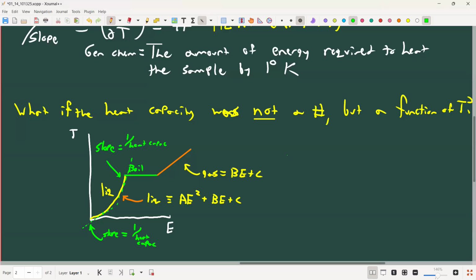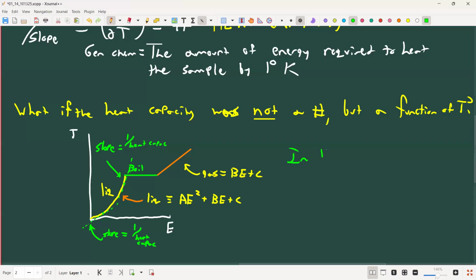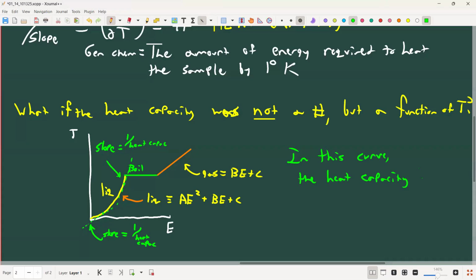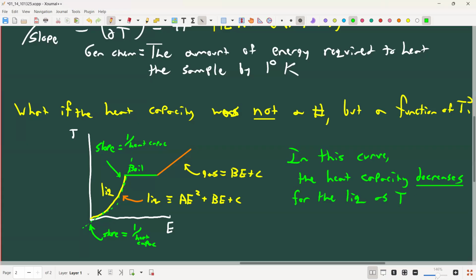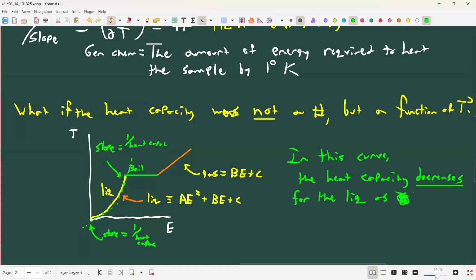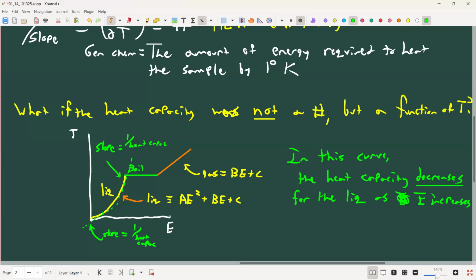From this curve, the heat capacity decreases for the liquid as E increases. Sorry, E is our variable: as we put more energy in and heat the system up, the heat capacity decreases.